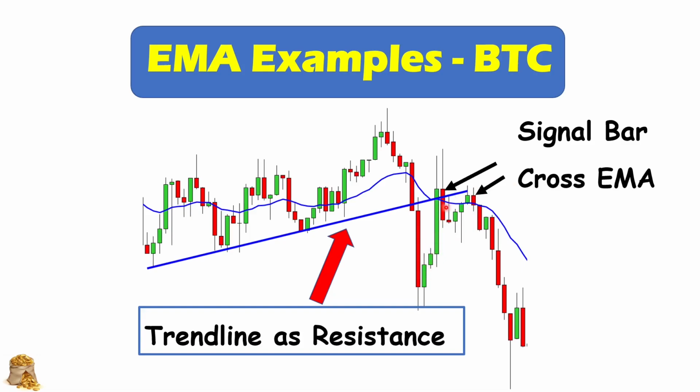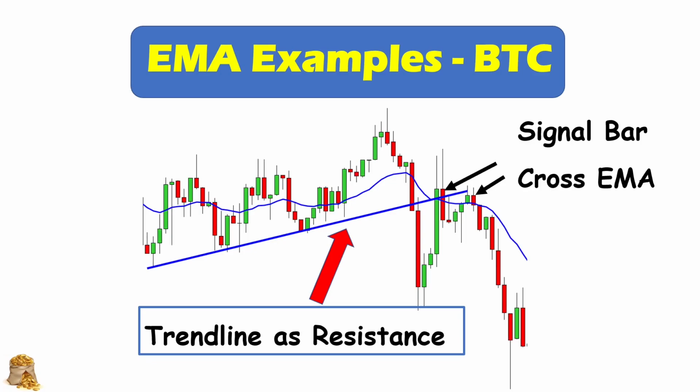The market comes back to test this resistance as the trend line, and then it failed, so it moves downward. And the EMA here can serve as the confirmation for the start of the trend or the start of the entry.